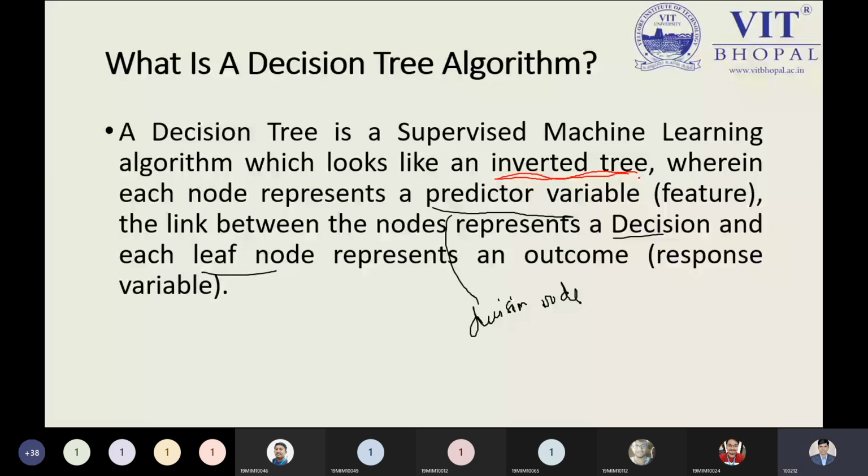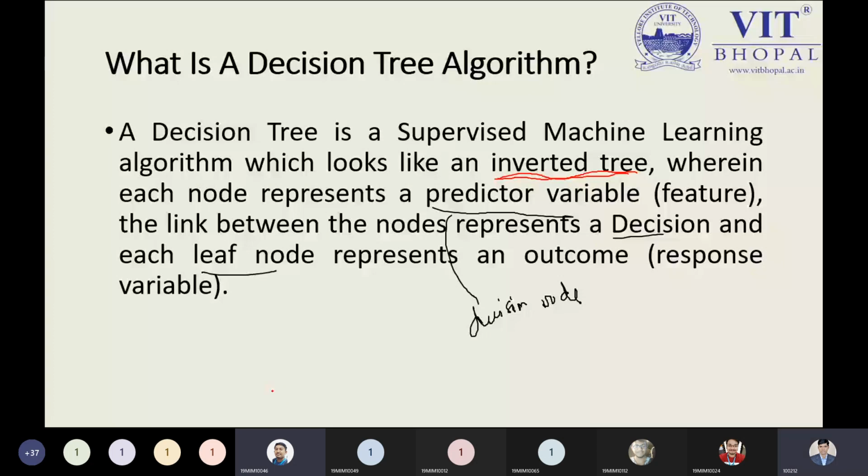Can anyone tell me what is meant by an inverted tree? So basically, in a normal tree we have a single root node, and it segregates into different branches and more of them to form a proper tree. But in the case of an inverted tree, the thing is totally opposite.